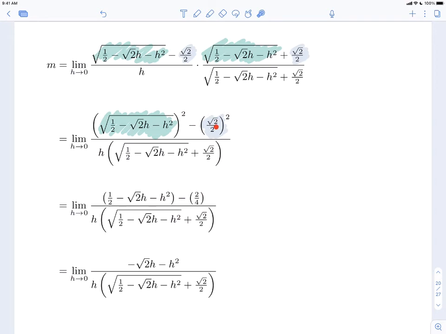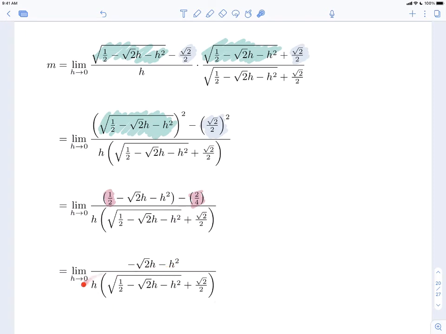So the square root of 2 squared is 2, and 2 squared is 4. Okay, now 2/4 is 1/2. So we have 1/2 minus another 1/2. These two terms will disappear. And then we're just left with minus square root of 2h minus h squared.